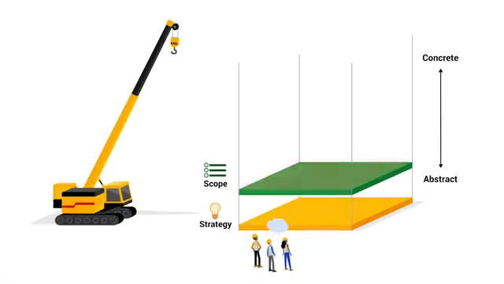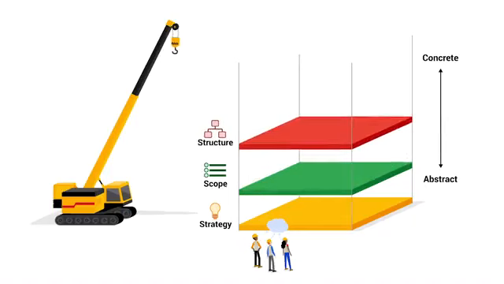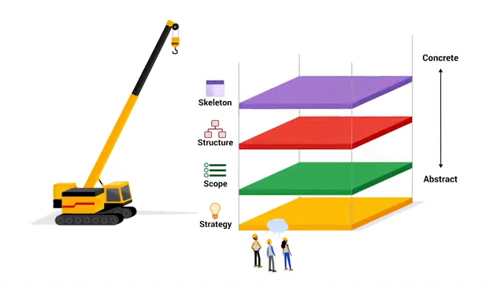The third layer is structure. You'll figure out how to organize your design and how the user will interact with it. The next layer is the skeleton, which you can think of as the layout. Similar to how the layout of our bones shape our skin, this layer helps detail how the design works. But just like our bones, the user won't see these inner workings.